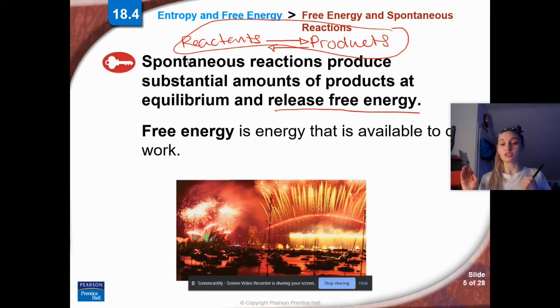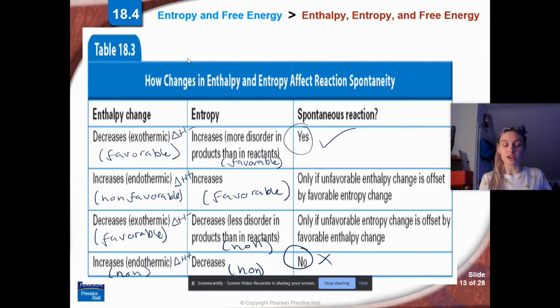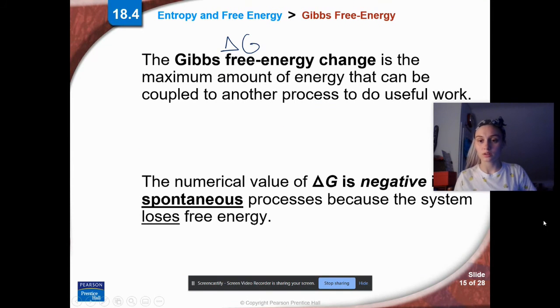Couple that reaction. That means put it with another reaction that needs energy. So the spontaneous reaction will release the energy that the non-spontaneous reaction needs to continue. And that's what Gibbs free energy is. Basically, Gibbs free energy is the energy released from a spontaneous reaction that can be used in a non-spontaneous reaction to do useful work.